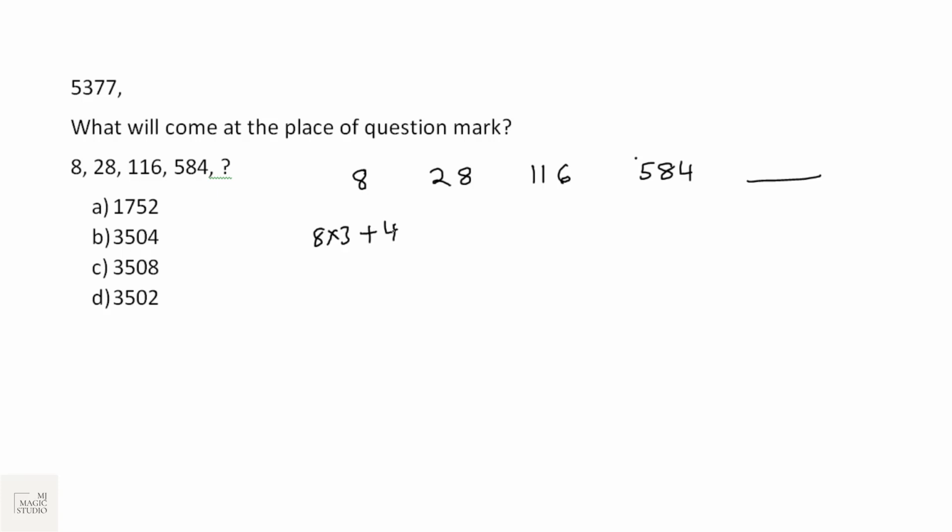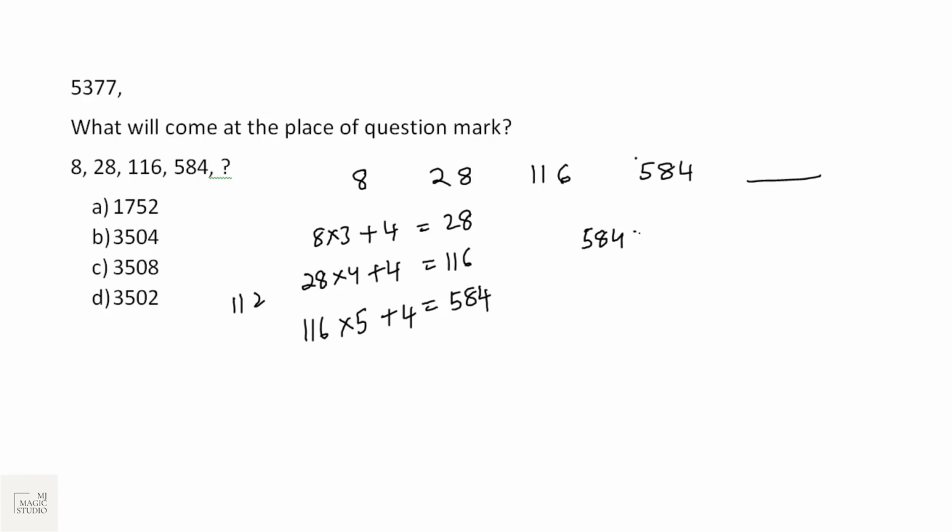So 8 into 3 plus 4 is 28. Now 28 into 3, not 4. 28 into 4 is 112. Bingo. Plus 4 is 116. Let's check. 116 into 5 is 580. Plus 4 is 584. Beautiful. The next number should be 584 into 6 plus 4. That is 3504 plus 4, which is 3508. And that we have in option C.